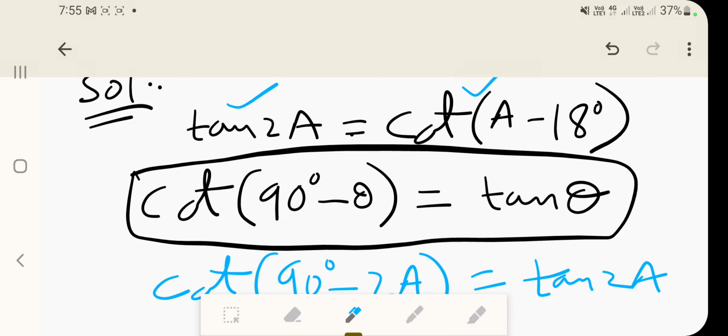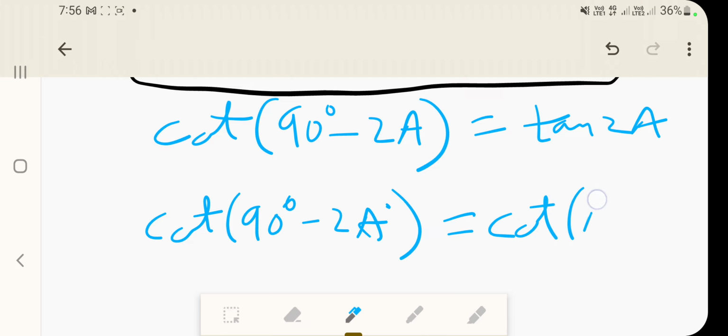What they have given: tan 2a is equal to cot(a minus 18 degrees). They are not asking to show or prove this. They are asking to find the value of a where 2a is less than 90 degrees. So LHS tan 2a can be replaced with cot(90 minus 2a) from this formula, and RHS is already given as cot(a minus 18 degrees).